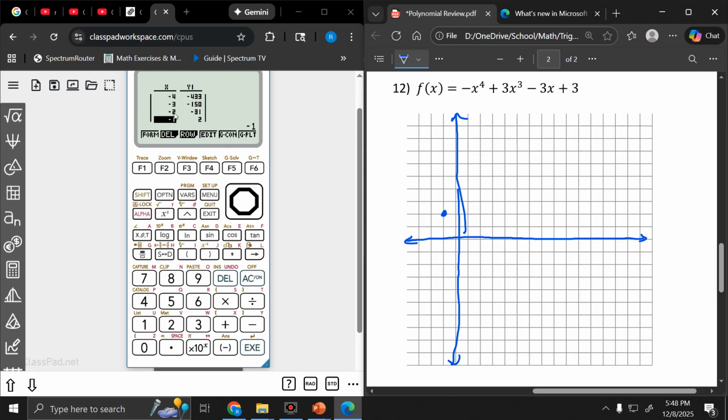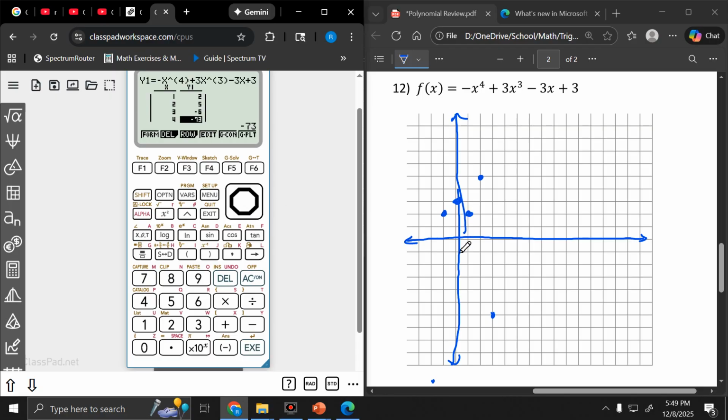Now, I note that these go down pretty steeply, right? So negative 2 is like negative 31, like way down here. 0, 3. 1, 2. 2, 5. 3, negative 6. 4, 6.